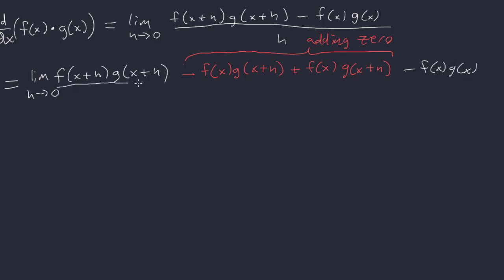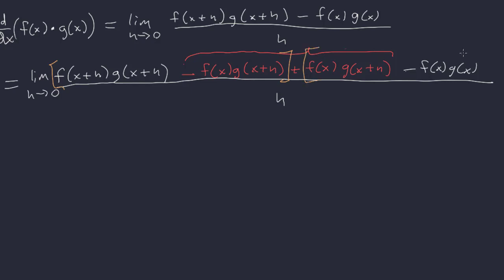Now, you might wonder, why would we do this? Well, it's simply because if we were to break this up into two groups now, say this group and this group, we can actually factor things out now.